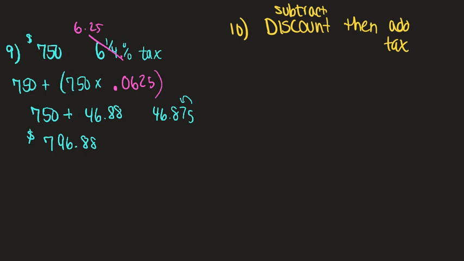Okay, so let's have our question be $90, and it's going to be 25% off, and it's going to be 7% tax. Subtract the discount, use that answer to add the tax back on.